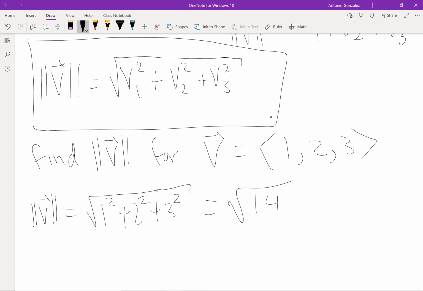All right. Okay, so that is how we find the magnitude of a vector in R3.